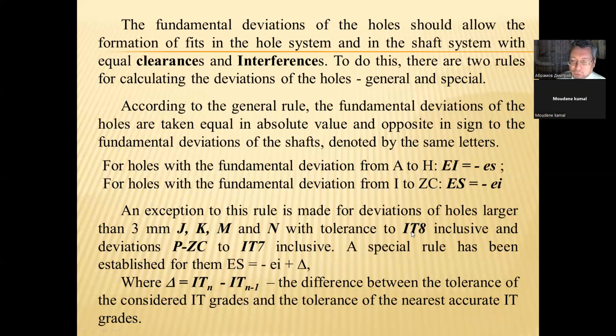A special rule has been established for them. Big ES is equal to minus small e plus delta.